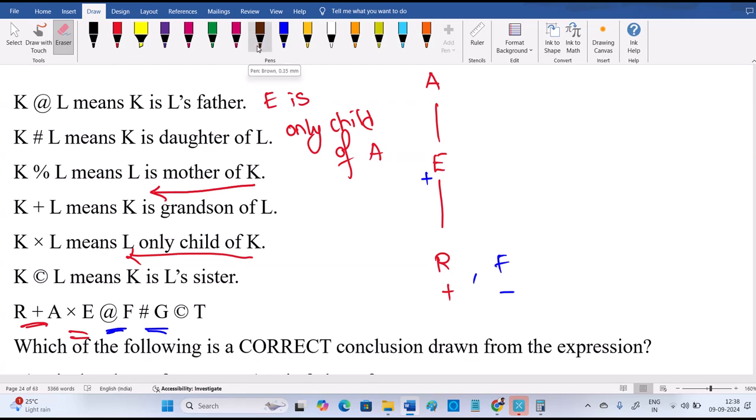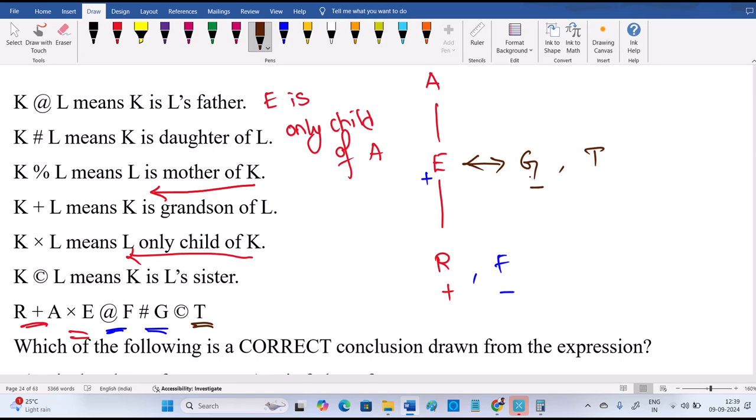Next, F is daughter of G. F is already child of E. F is daughter of G means E and G must be a married couple. Finally, G is T's sister. G is sister of T.